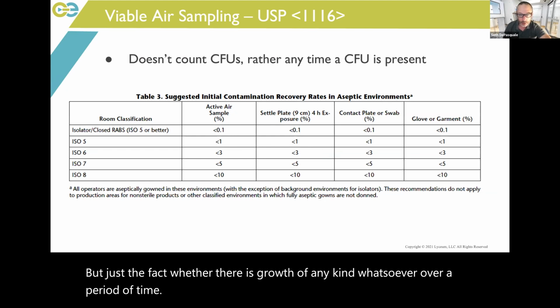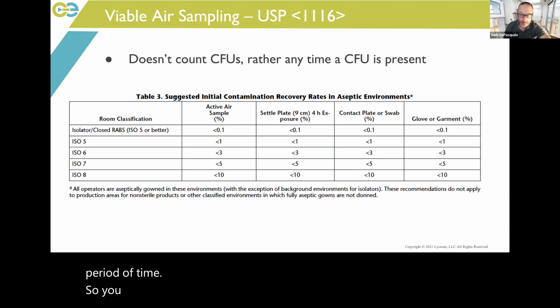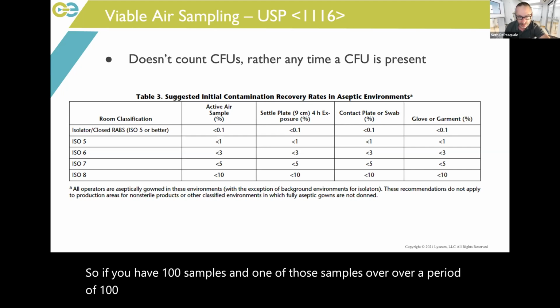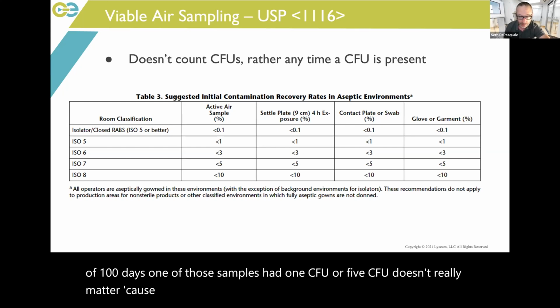So, if you have 100 samples over a period of 100 days, and one of those samples had 1 CFU or 5 CFU, it doesn't really matter, because regardless of the number of CFU, you have a 1% contamination recovery rate.